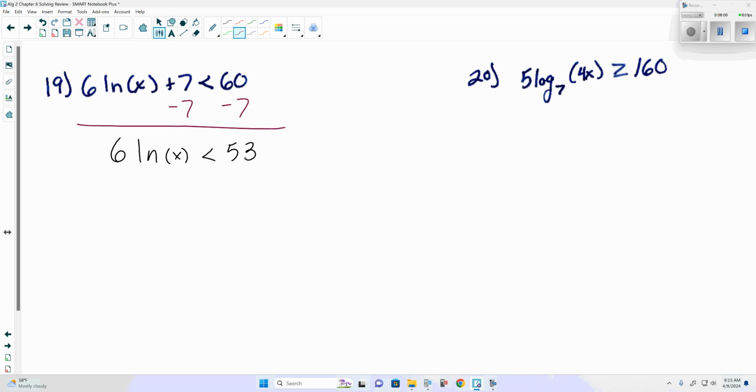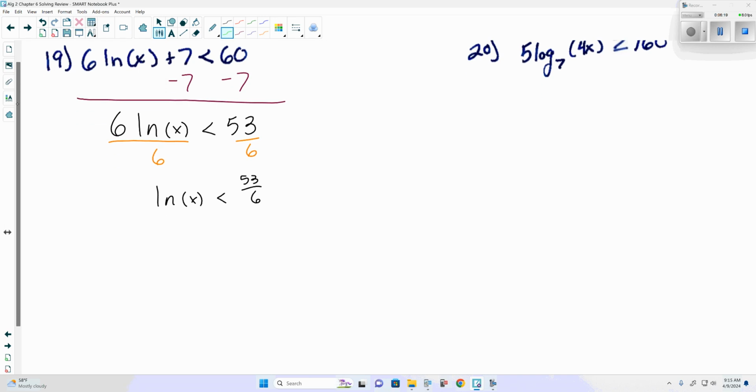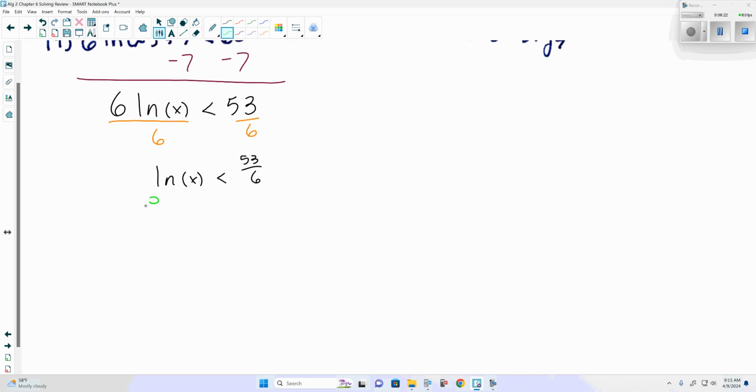At which point we would divide both sides by 6, because we need the natural log by itself first. So we're saying ln of x is less than 53 over 6. Is the natural log by itself? Yes. So what do we do now? We put both sides to the base of e. E and ln cancel, telling us x is less than e to the 53 over 6.